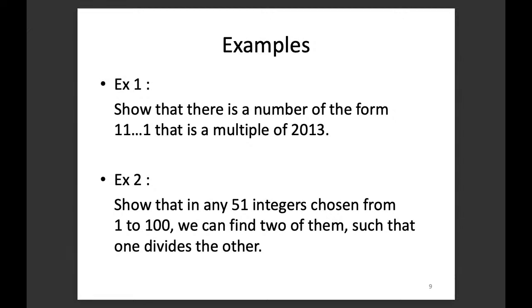So there are 50 of them. In this choice, we cannot find two integers such that one properly divides the other. But on the other hand, no matter how we choose any 51 integers, no matter what combination we look at, we must be able to find two numbers such that one properly divides the other. So this is a very nice example as well.